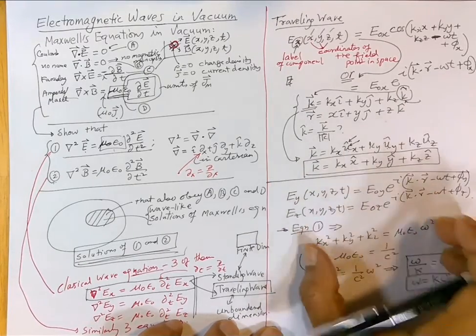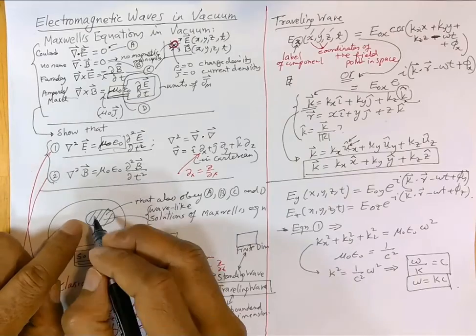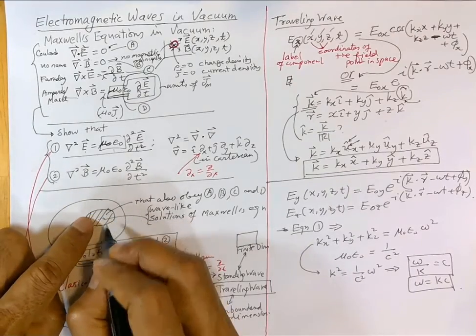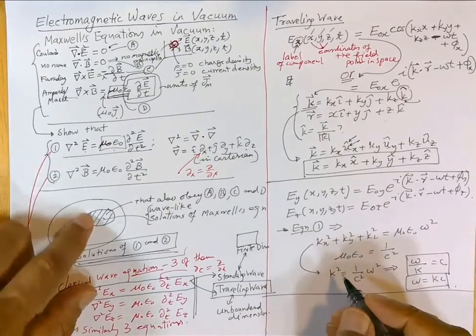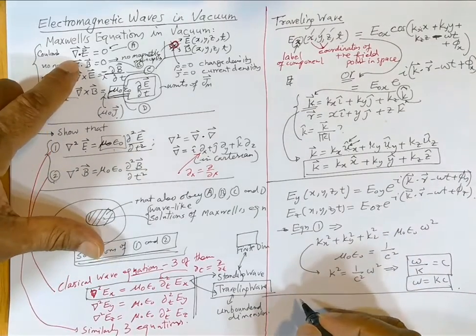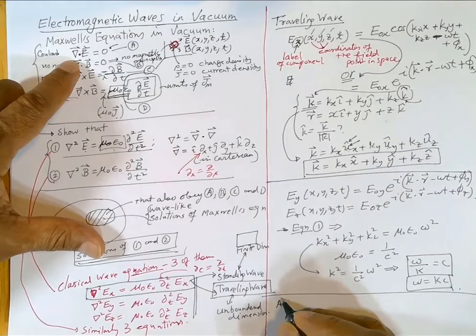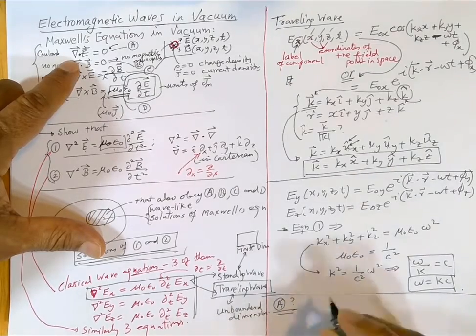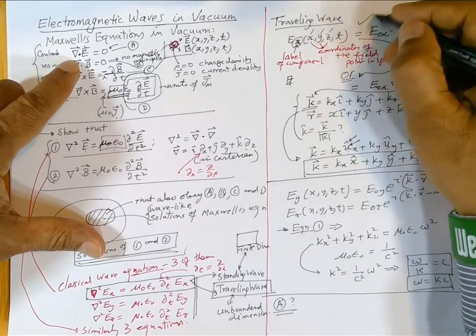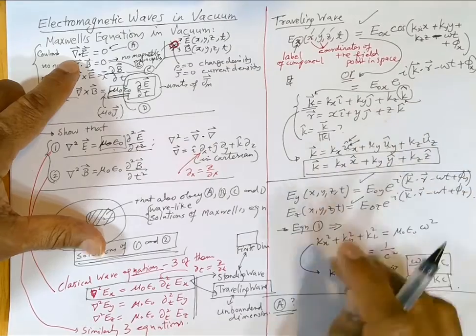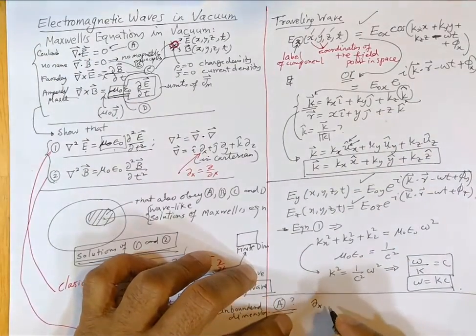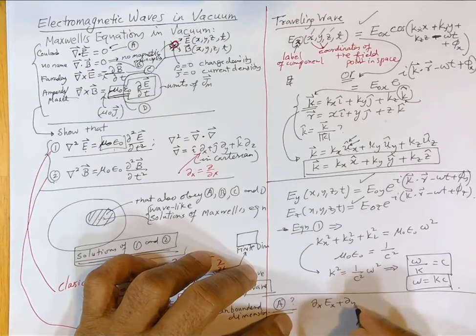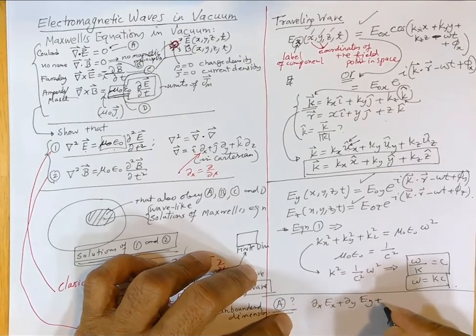Do these satisfy, and I need to restrict them in here, do they satisfy a, b, and c? So let's look at what it will take to satisfy a, b, and c. So plug into a. Does it satisfy a? So I take these solutions and plug into that. So that is actually dx Ex plus dy Ey plus dz Ez equal to 0.